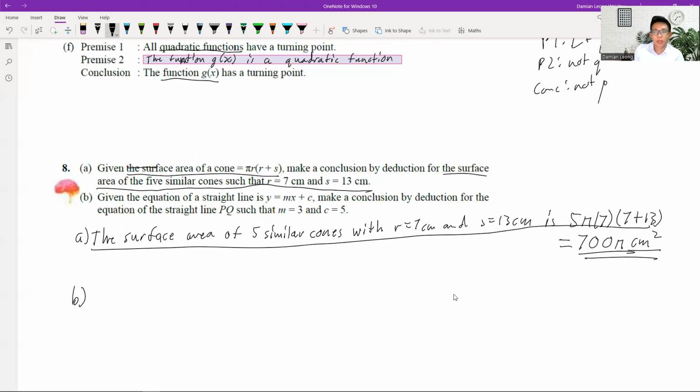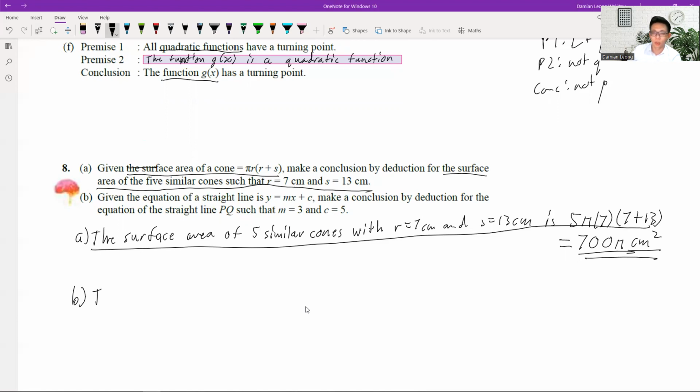Part B, given that the equation of a straight line is y equals mx plus c, make a conclusion by deduction for the equation of the straight line PQ such that m equals 3 and c equals 5.